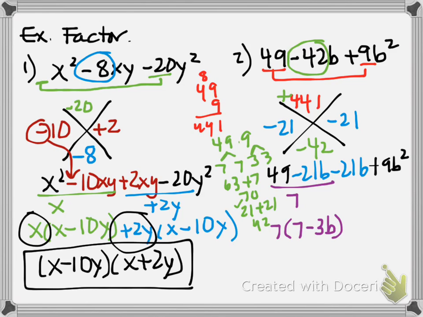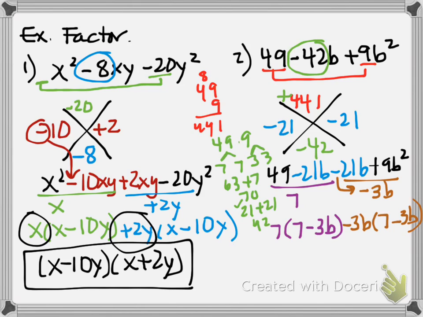And then here comes the unfortunate, because I did have a negative, I just have to deal with it. I'm going to have to pull out the negative, and these two have a 3 and a b in common. So a negative divided by a negative is a positive, 21 divided by 3 is 7, b divided by b is 1, and then plus, or no, this is going to be a minus. 9 divided by negative 3 is a negative 3, and then b squared divided by b is b.